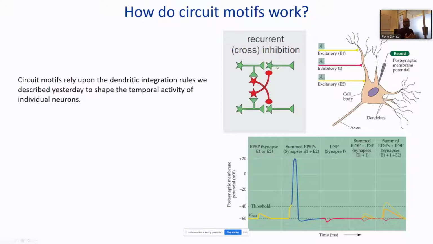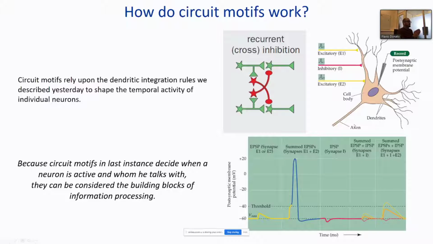So this really creates channels by modulating the way in which individual neurons are able to integrate the messages that they receive, and really shapes the temporal profile of activity that we discussed yesterday during the lecture about tetrodes.